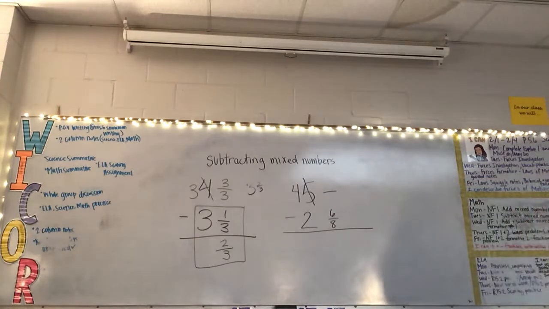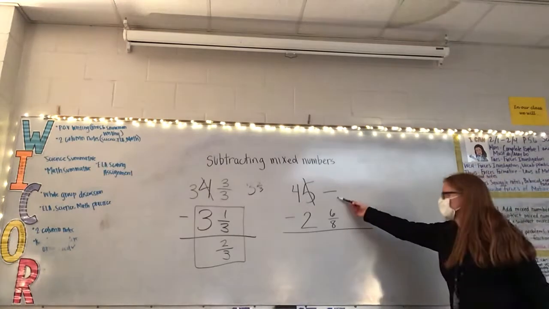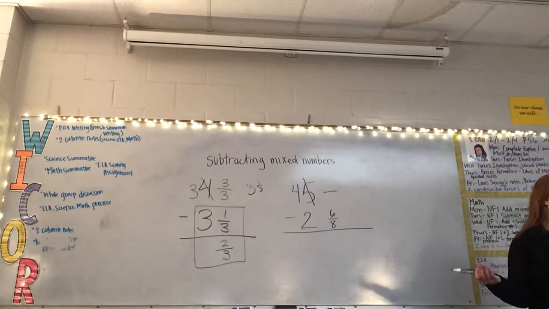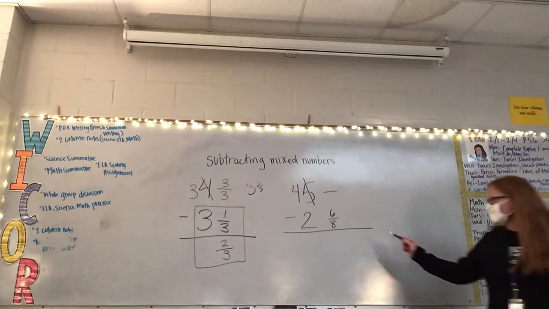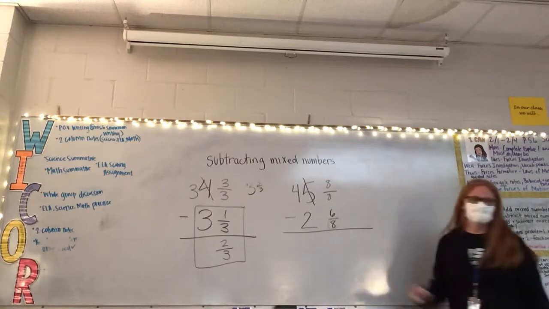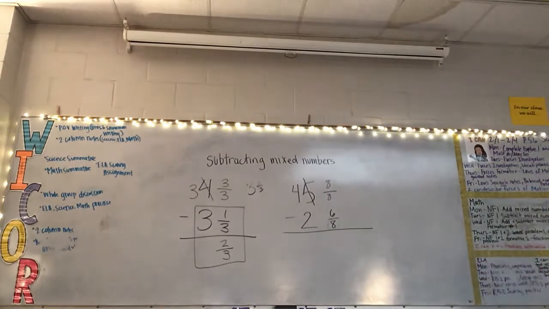Okay, this is where people are like, wait, do I just put any number there? Well, if I just put any number there, let's just say I put 16 over 16. Well, then I have different denominators. And then I have to create new denominators. Why would I do that? That's a whole lot of work, right? If I just look right here, then I can create a whole using what I already have. If 8 is my whole, then let's just use that, okay?